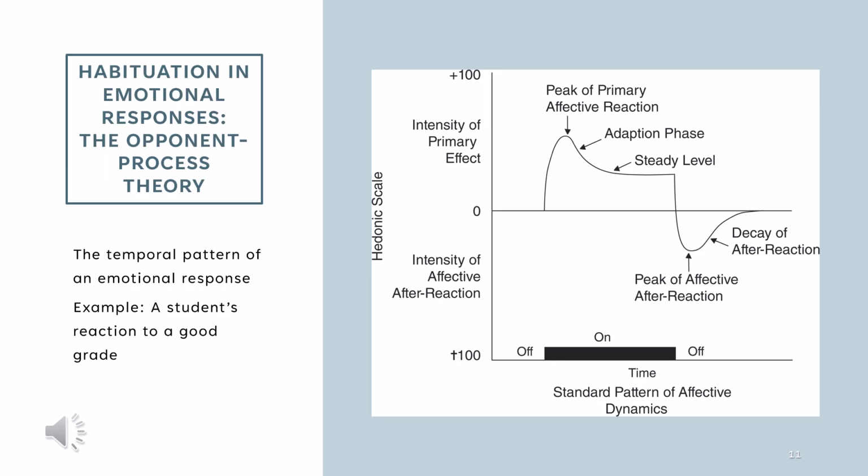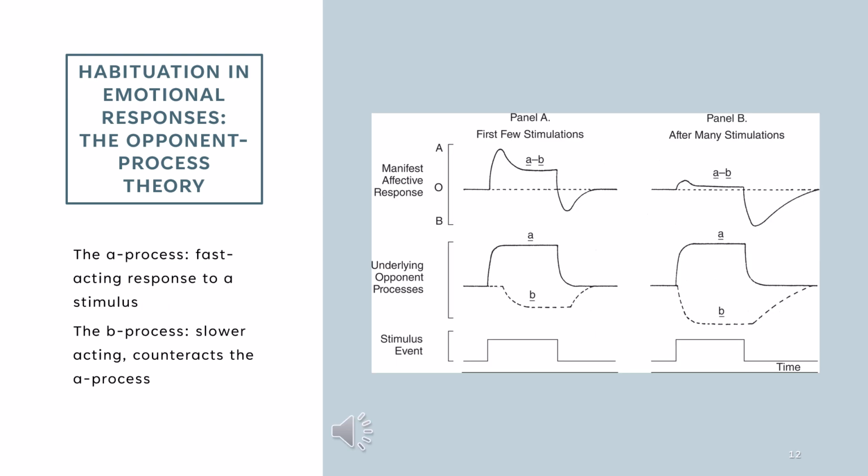And so the temporal pattern of an emotional response is that the stimulus onset moves into a strong A process, and then the B process lags, and then it counteracts and outlasts the offset after the reaction. So in this example, we see a student's reaction to a good grade. Their initial thrill is followed by a settling kind of after state. So the initial thrill is A, the settling after state would be B.